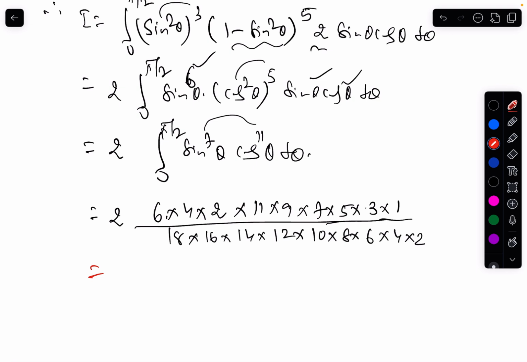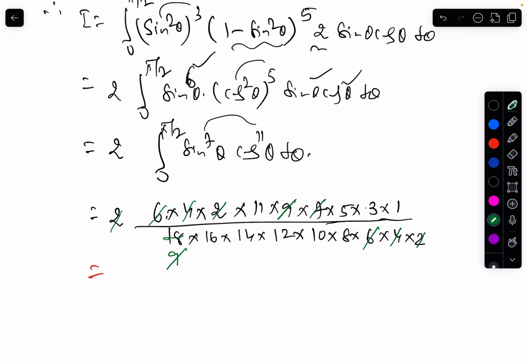Okay. So we can simplify this 2 to cancel. Then this 6 cancel, 4 cancel. Then this 2 is a 9 here. Then this 9 and 9 cancel.